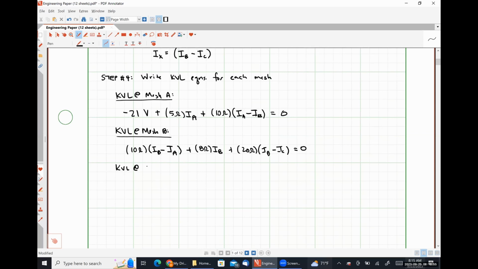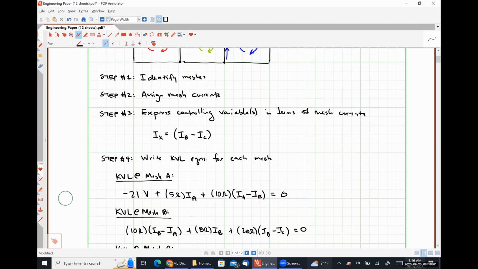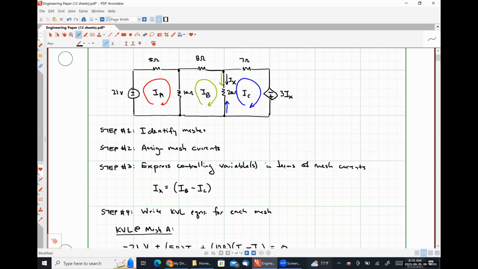Lastly, we're going to have our KVL equation around mesh C. Carrie, what's my first term in this KVL equation going to be? So starting from the bottom left-hand corner, which is how I like to write my Kirchhoff's voltage law equations, the first thing I see is the 20 ohm resistor.